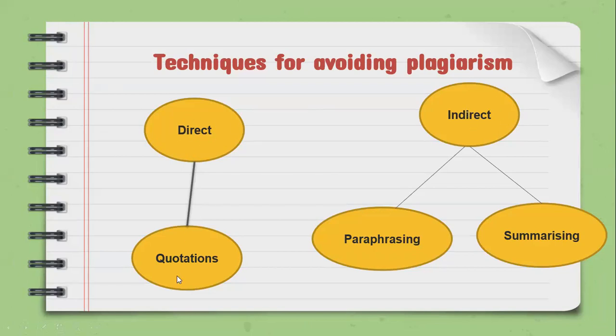Direct techniques mean quotations. Within quotation marks, like you are familiar with in English reported speech, where someone says something, you put it in quotation marks and whatever the original says, you can put there. But in your research papers, you can't do everything as quotations.